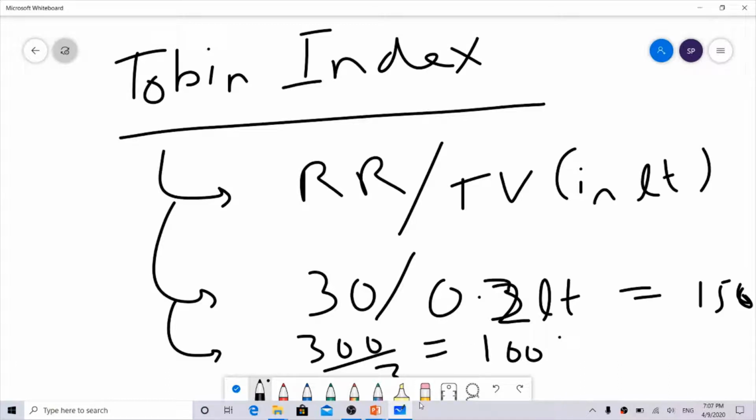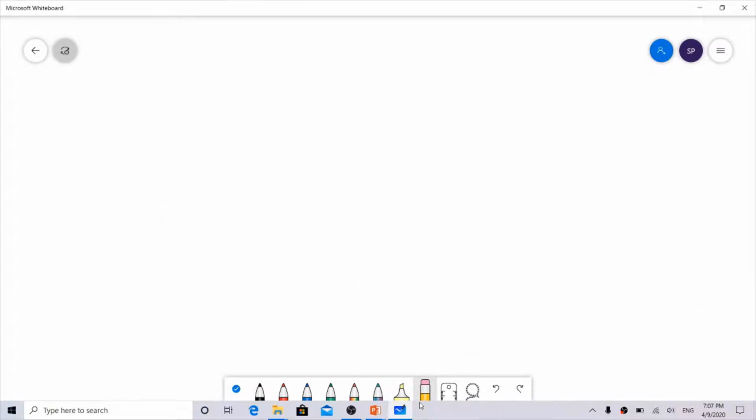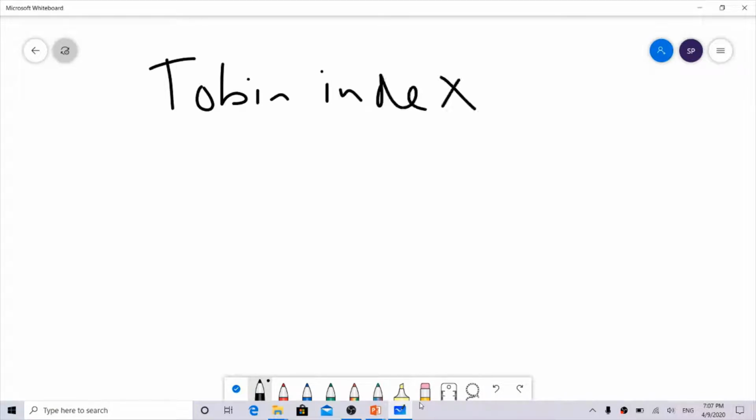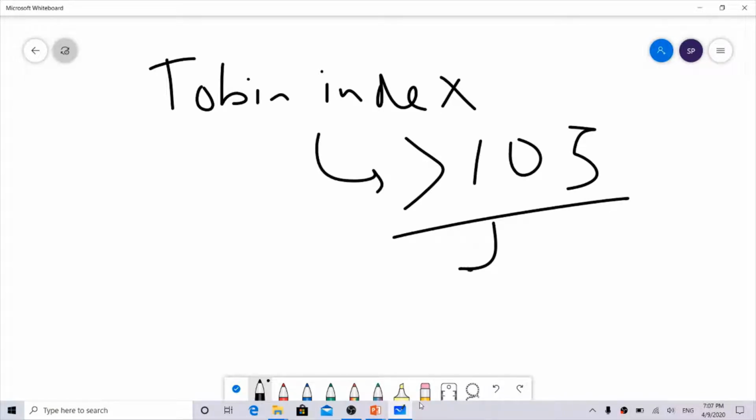You want the patient to be very, very comfortable when he gets out. So you want the respiratory rate to be low and the tidal volume to be high, reasonably high, something around 400 to 500 or 600 ml. That's reasonable, and that's exactly what the physiology does. That is why it is said that if the Tobin index is more than 105, then it's a bad sign.